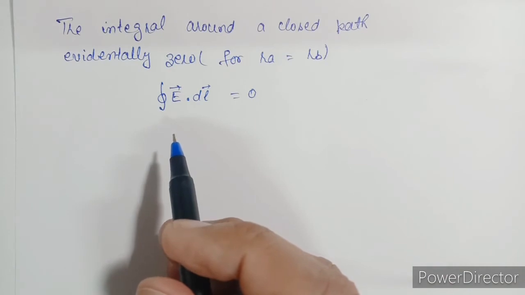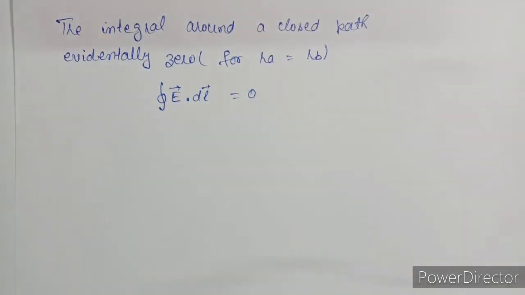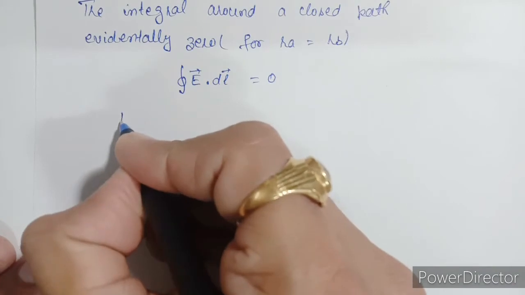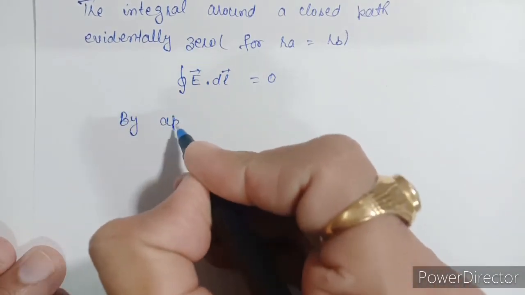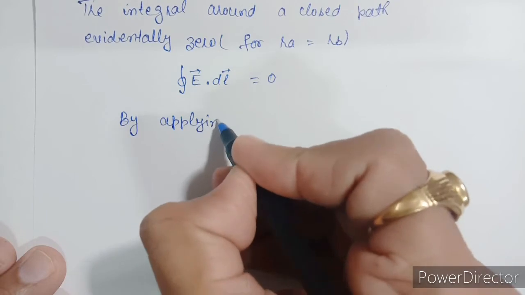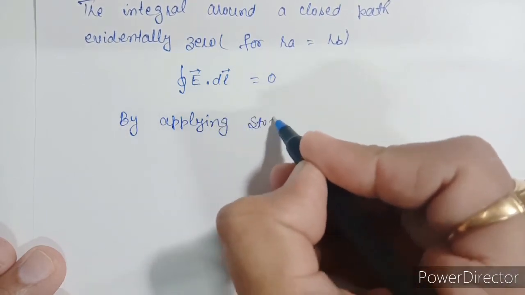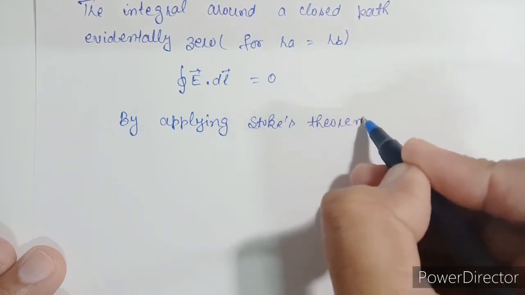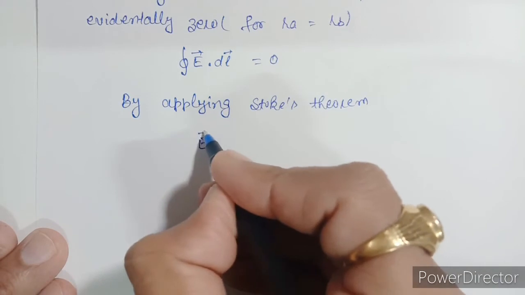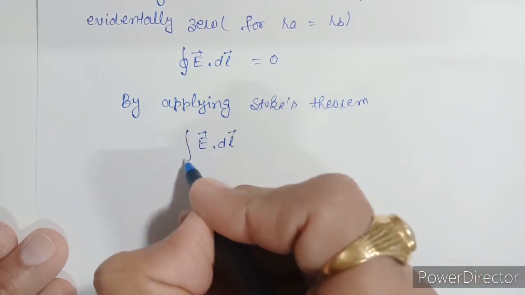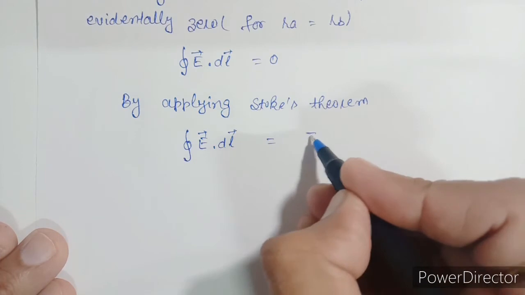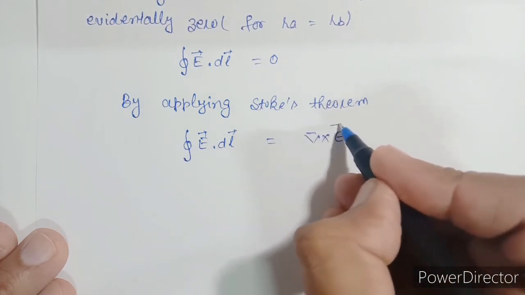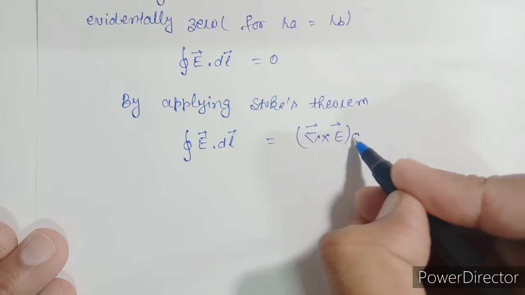Now we are interested in converting the line integral into a surface integral. To convert a line integral to a surface integral, we will use Stokes theorem. By applying Stokes theorem we can convert the line integral into a surface integral through the curl of electric field.